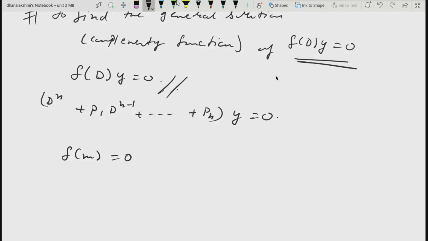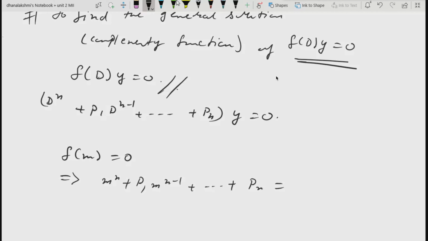That means only in f of D I need to substitute m, leaving y. Got it? So this will lead me to m to the power n plus p1 m to the power n minus 1, and so on up to plus pn equal to 0. This is what I am going to have, because I have written only f of m, not y. Where p1, p2, pn are all real constants.